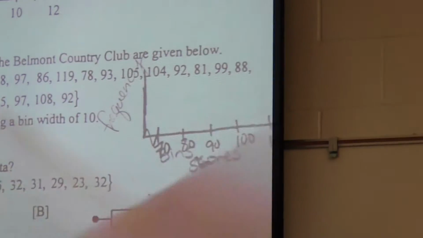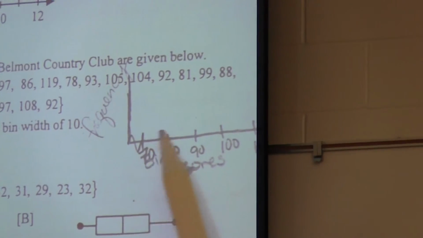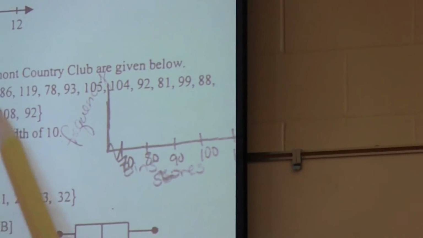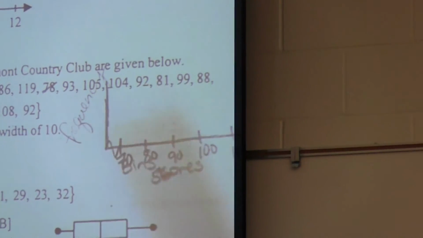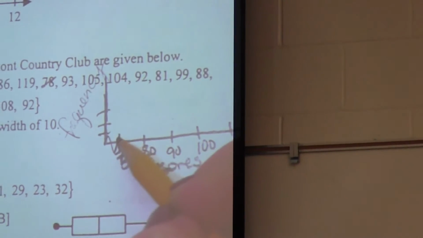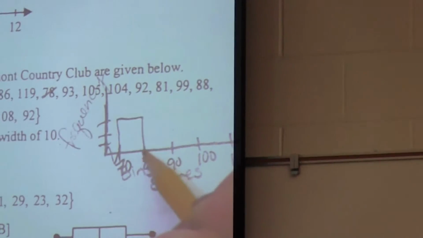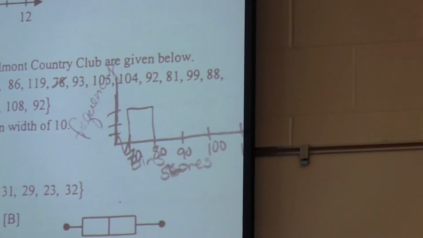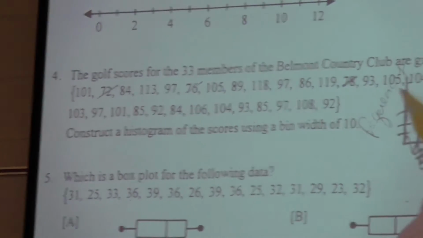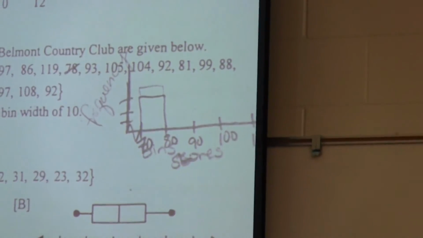Okay? And then I just count how many numbers fall between 70 and 79. So I have like 1, 2, 3. I think I have 3. So over here, my 70s bin would be 3 high. And then I'd go to my 80s. And what would happen if I missed a 70 and I found it later? I could just make this bin 1 higher. Oh, there I go, and I'm still done.